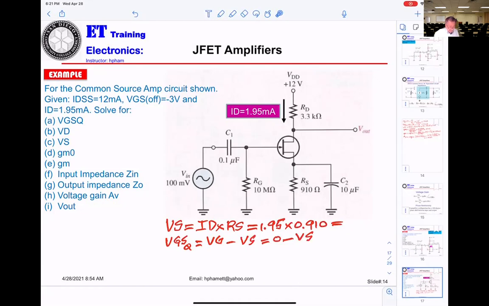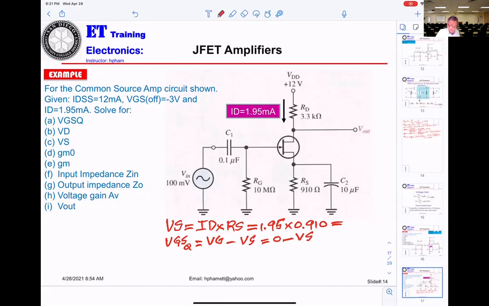Then if you want to calculate GM0, you know how to do it. We already do it. Just calculate the GM. Input impedance, you know, that will be RG 10 megaohm. And the output impedance, okay, I gave it to you on this circuitry here.